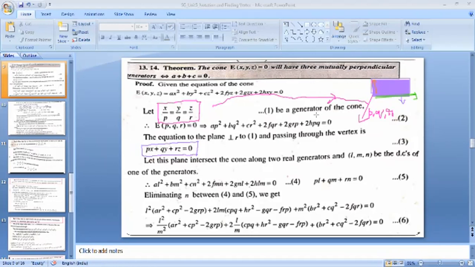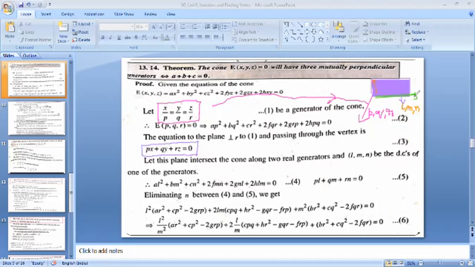Because I do not know these two generators, I'm going to find them out. Because I don't know the DRs of this particular one, I'll consider them as l, m, n. This is also passing through the origin, no doubt about it. This generator is on the cone as well as on the plane.